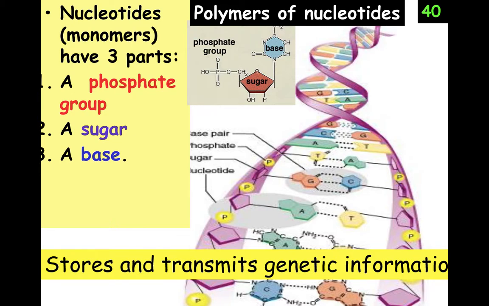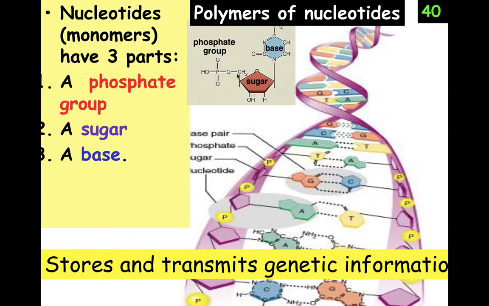They're always built up of simpler pieces, big things built up of something simpler. What is the monomer? The simpler piece that builds up the polymer. So the simpler piece is a nucleotide. A nucleotide has three parts. It has a base, what's called a nitrogenous base. It has a sugar. We've looked at the structure of sugars before, and it's got this phosphate group as well.